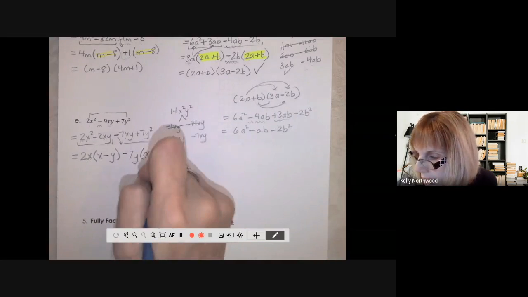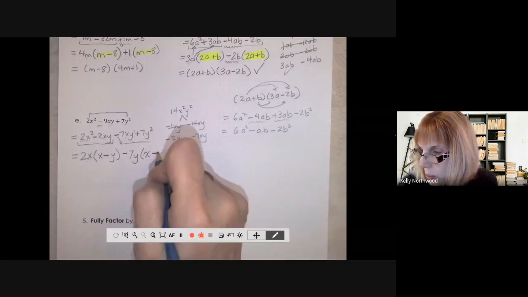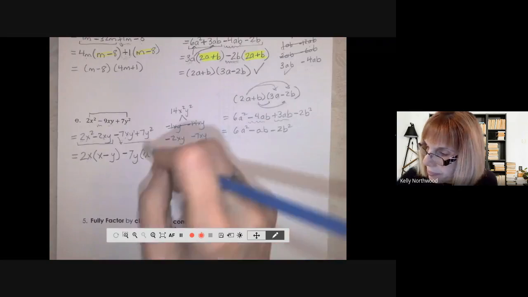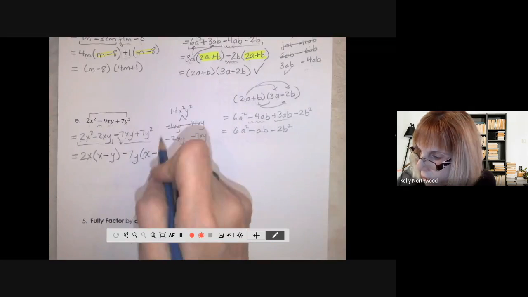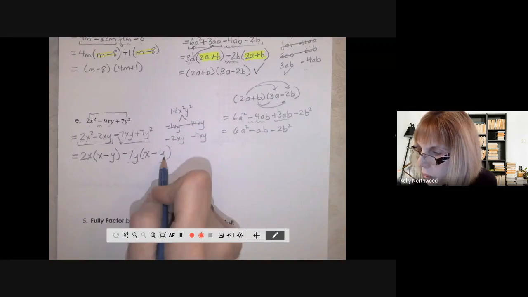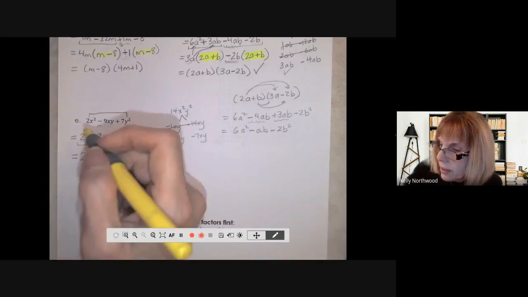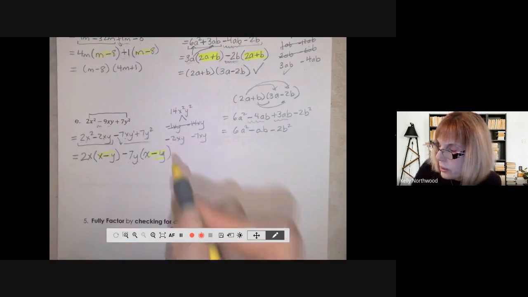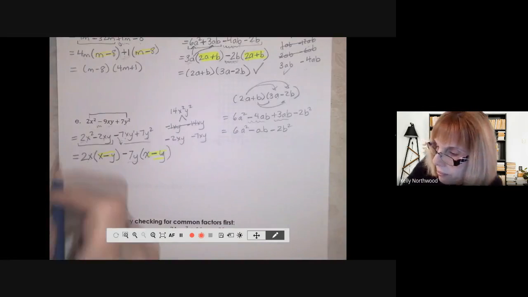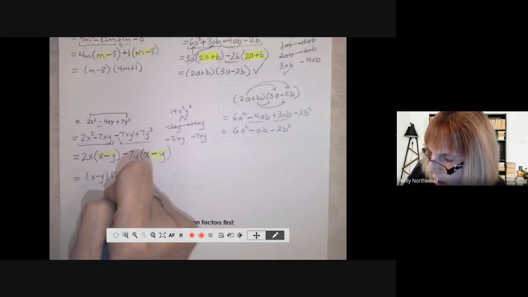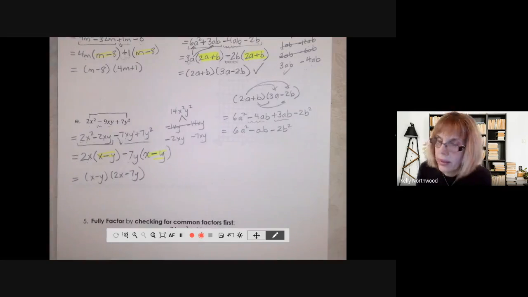A negative times a negative gives you a positive, so it should be negative 1. You don't need to write the 1. Y. And then check it over. Negative 7y times negative y is positive 7y squared. You get your common binomial, and your leftovers form the other bracket.